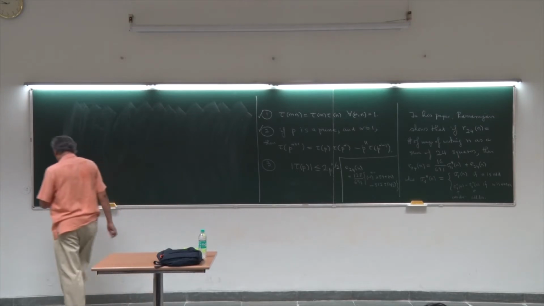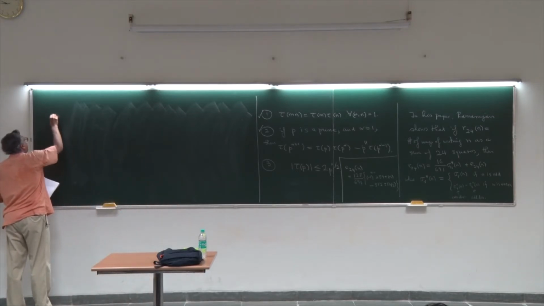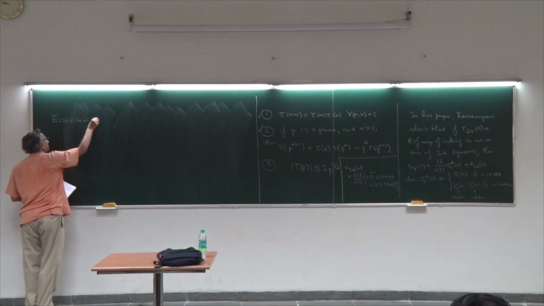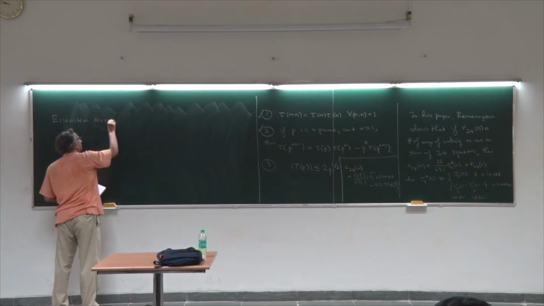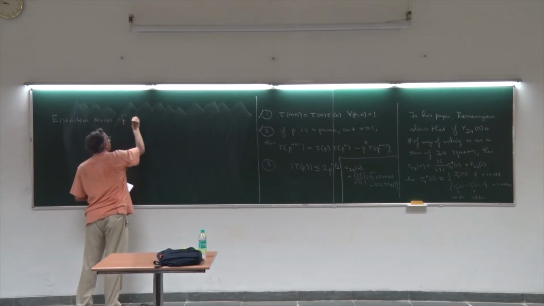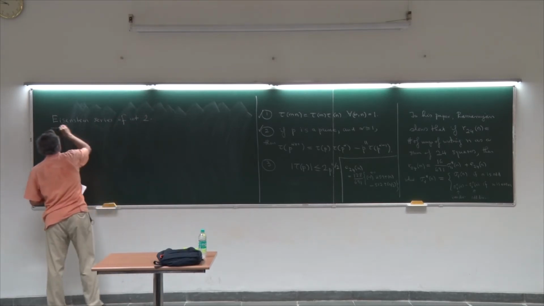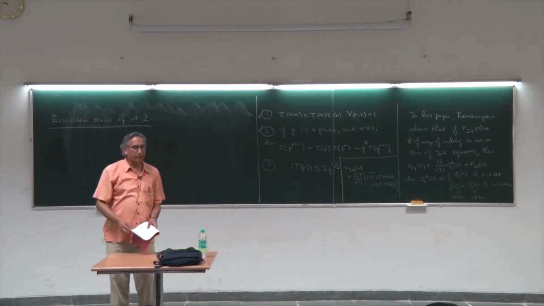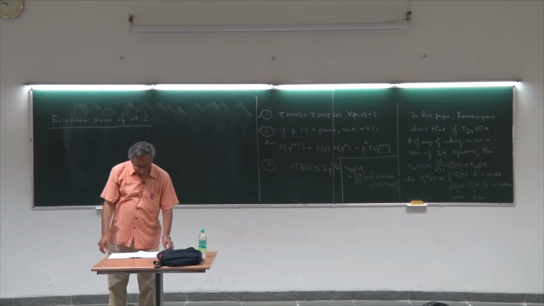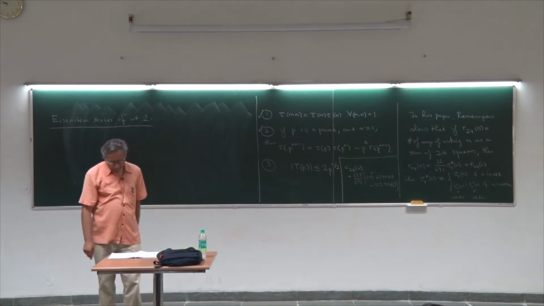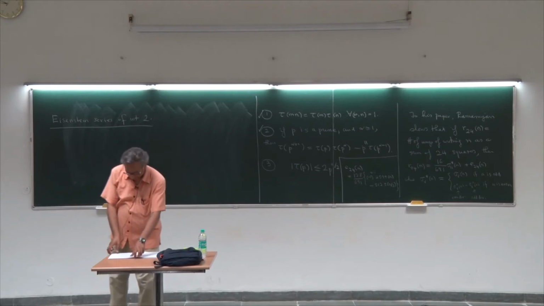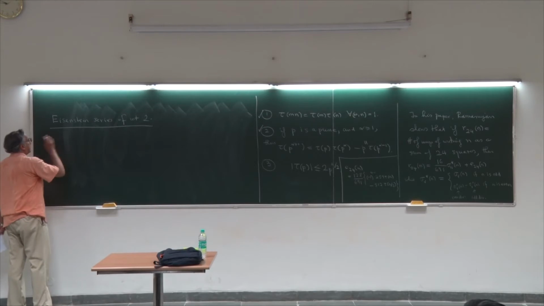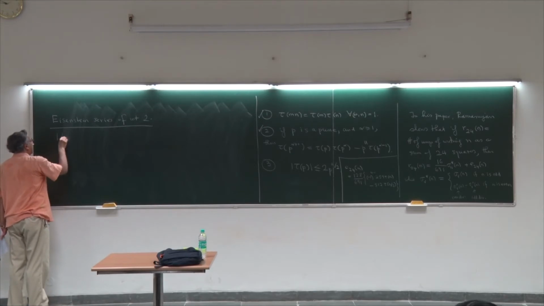Okay, we're going to introduce the Eisenstein series of weight 2. You will remember from last week we introduced the Eisenstein series of weight k, where k was bigger than or equal to 4. And so for weight 2, things don't converge so neatly, and so we have to worry a little bit about convergence. And the method of studying Eisenstein series that I'm going to follow is due to Hurwitz.